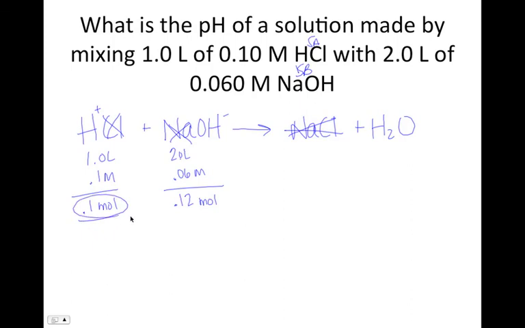So this is your limiting reactant, which means all of this is going to react. 0.1 moles of this is going to react. So if we take that out because it's reacted, that leaves us with 0.02, excuse me, moles of this. And so to figure out the pH of this solution, we see that we have 0.02 moles of hydroxide ion.